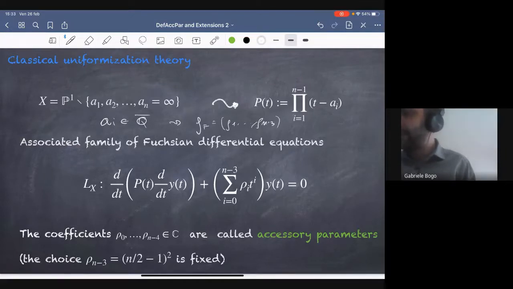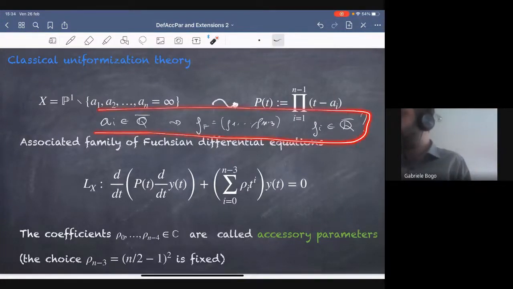And you ask if the rho_i are again algebraic numbers. And this is a very hard question. The first who thought about this was, again, John Thompson, the group theorist, motivated by Belyi's theorem. And what he thought was that this is always the case. But it was soon verified that this is not true.